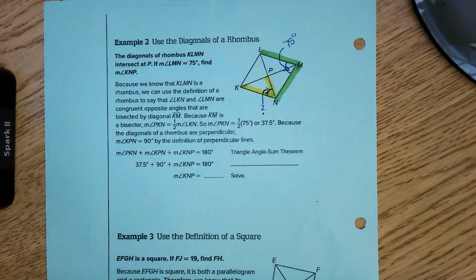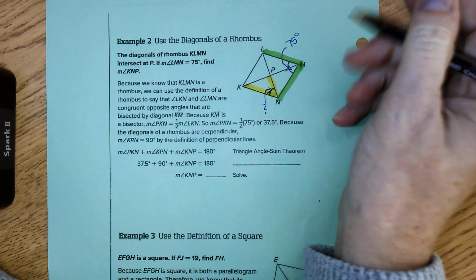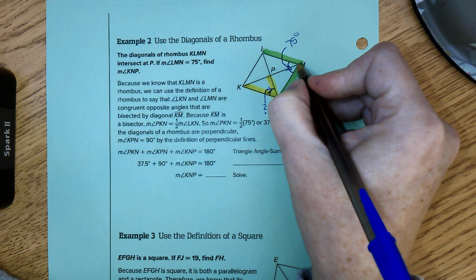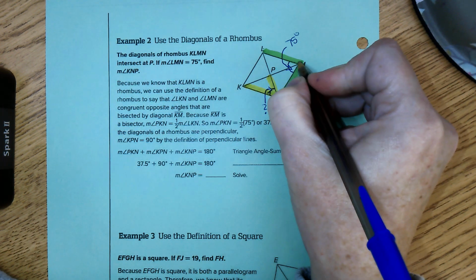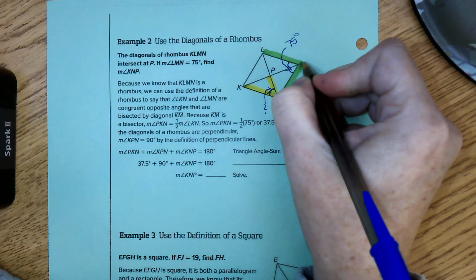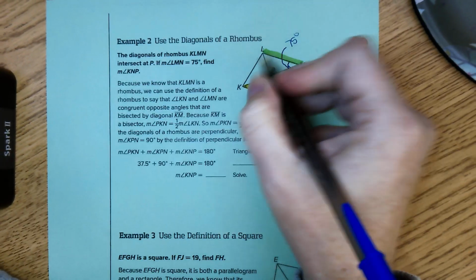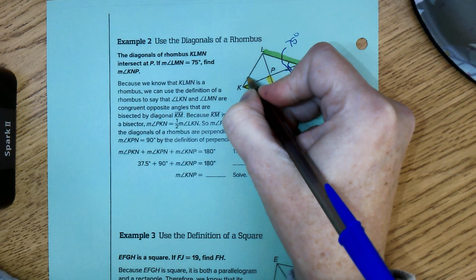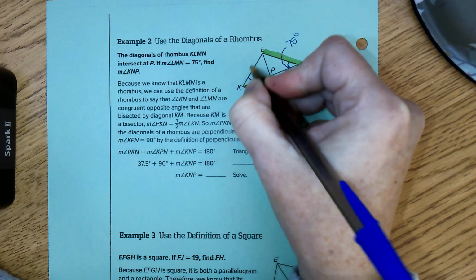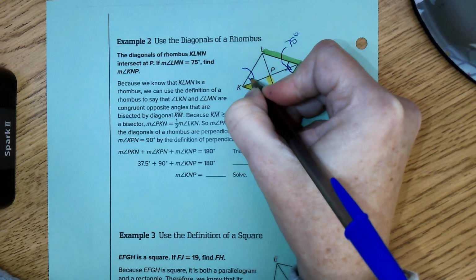All right. Well, what do we know about rhombuses? Well, we know a couple things. We know that opposite angles are congruent. So this one's 75. This one also has to be 75, the whole thing.